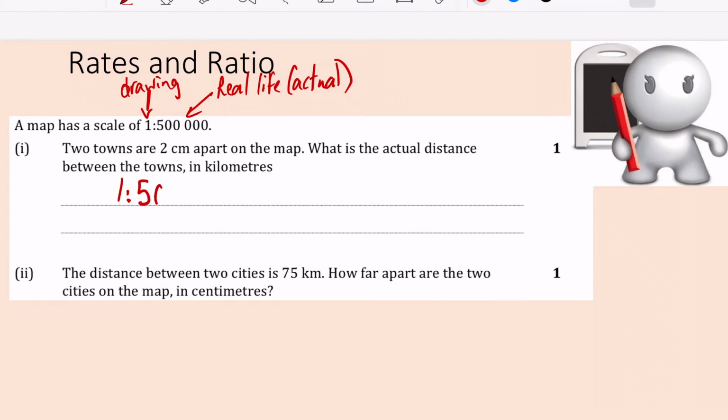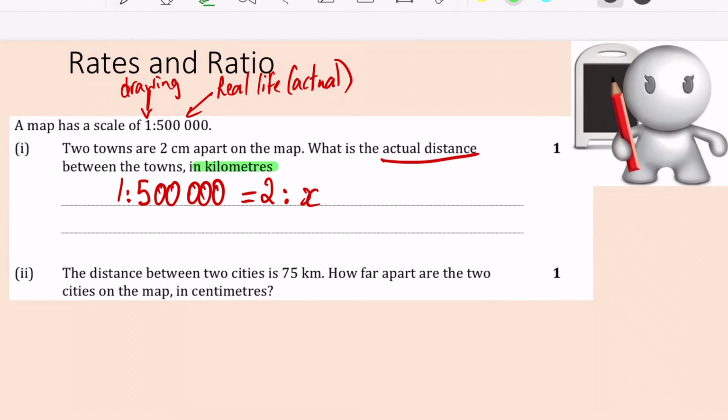What's the scale of our map? It's 1 to 500,000. We've got two towns that are 2 centimeters apart, so it's going to be 2 to x, because it's asking for the actual distance between the two towns, and it's asking in kilometers. A lot of you can see the answer right now, and it's going to be 1 million, but that's not the full picture.